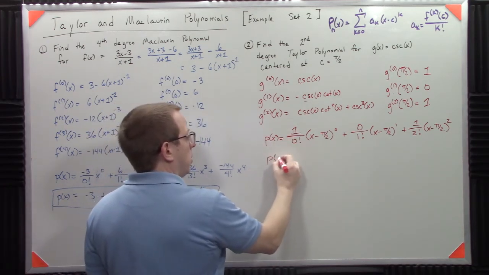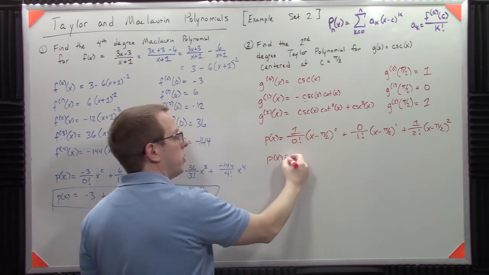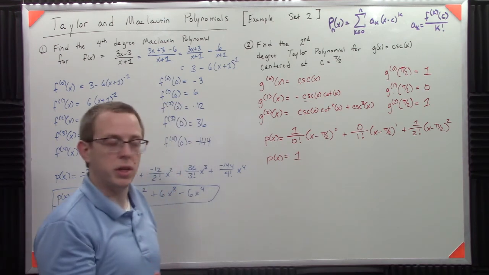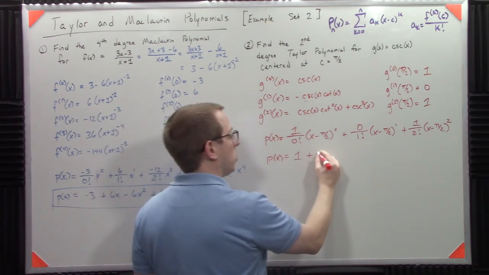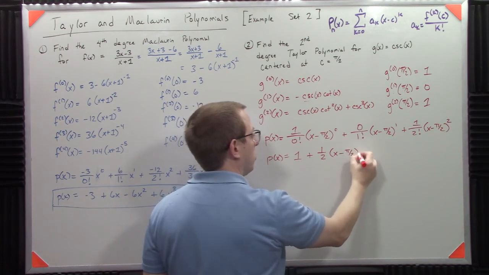So in this case, 0 factorial is 1, that to the 0 power is 1, so you end up with 1, and then this is 0 times whatever, so it evaporates, plus 1/2 x minus pi over 2 squared.